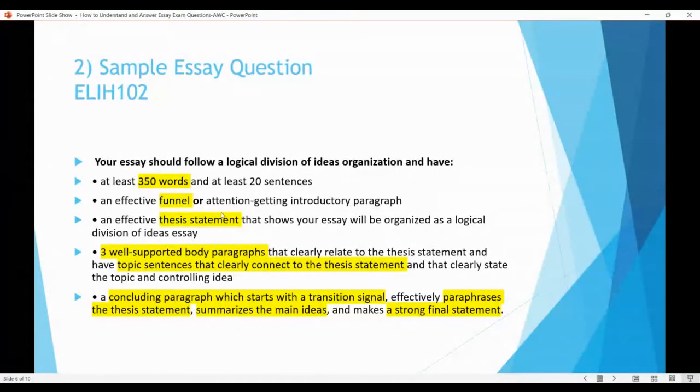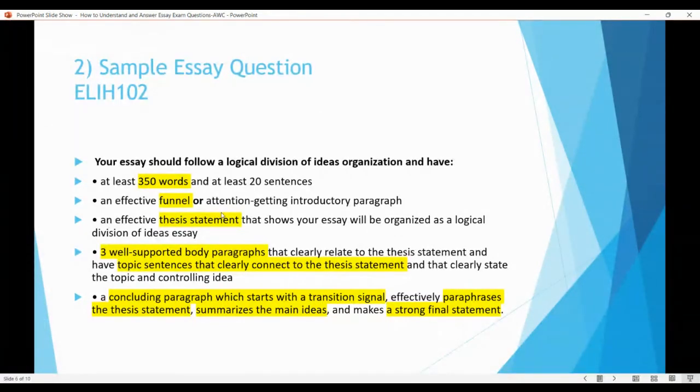Now, why is the thesis statement important here? In the last sentence, you write a thesis statement, and it's important because it signals readers what they are going to read in the second paragraph, third paragraph, fourth paragraph. Let me give you examples.